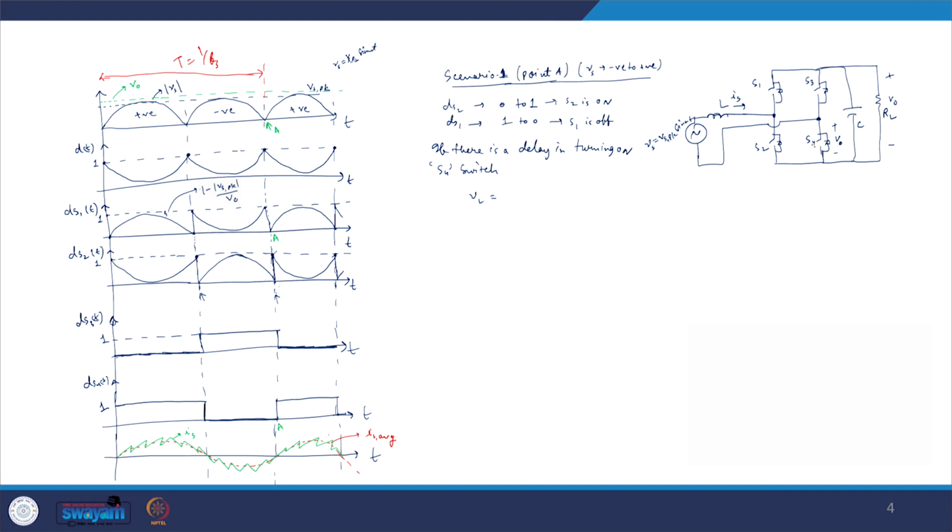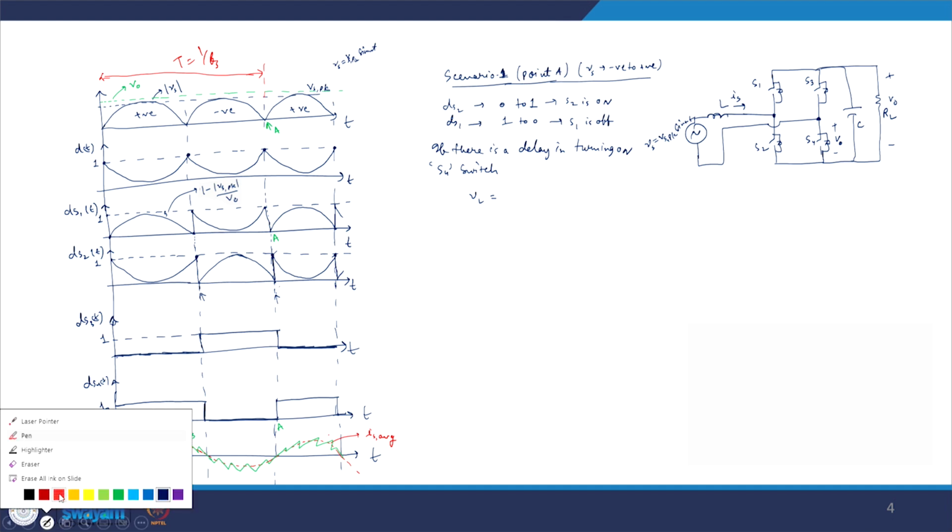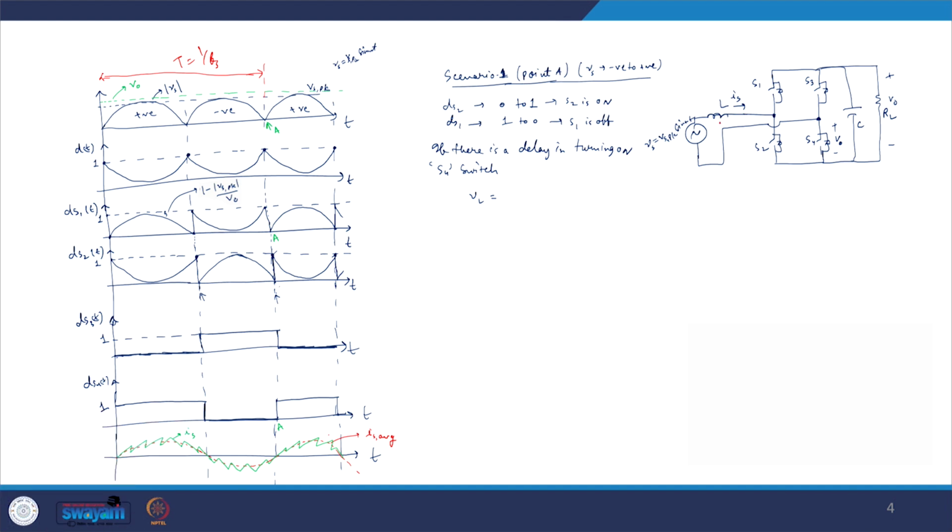And then in this particular circuit loop, where S2 is on and the output capacitance of S4 is charged to V0, the Vs value is nearly 0.